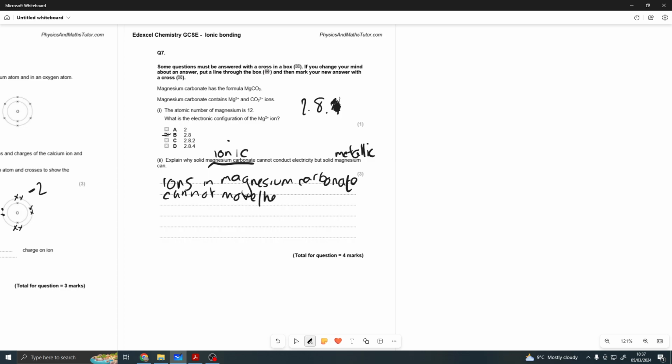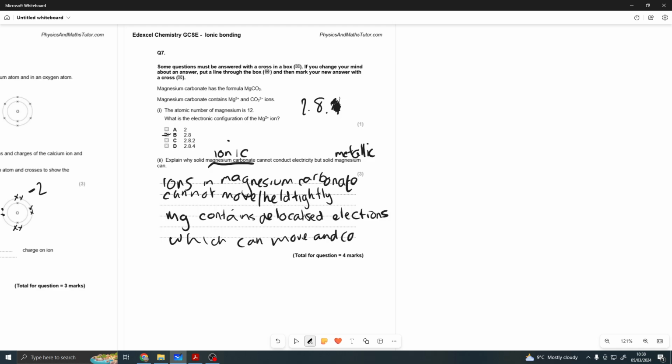They are held tightly. However, magnesium contains delocalized electrons which can move and carry a, what do they carry? That's right, a charge.